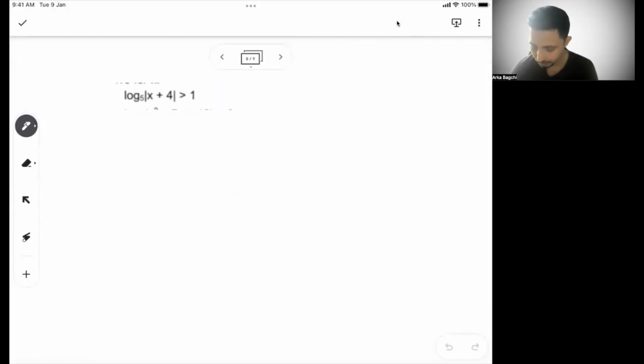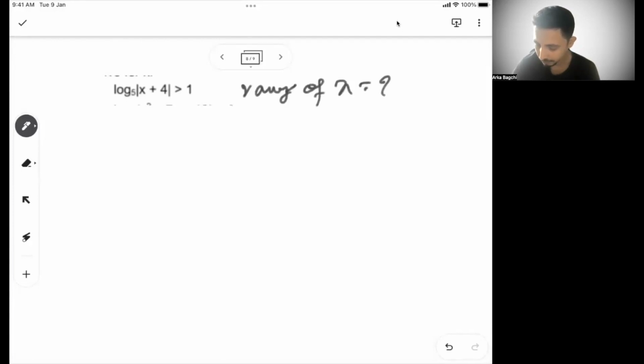Now the next problem: log base 5 of modulus of x plus 4 greater than 1.